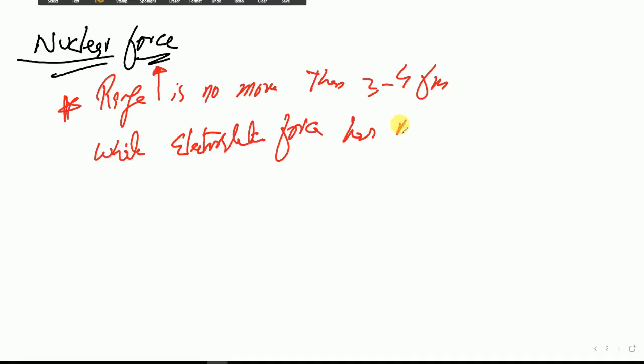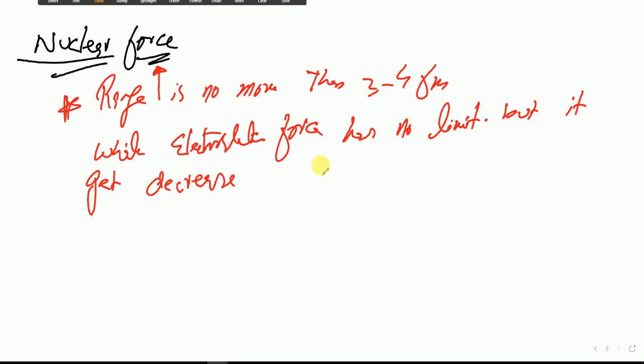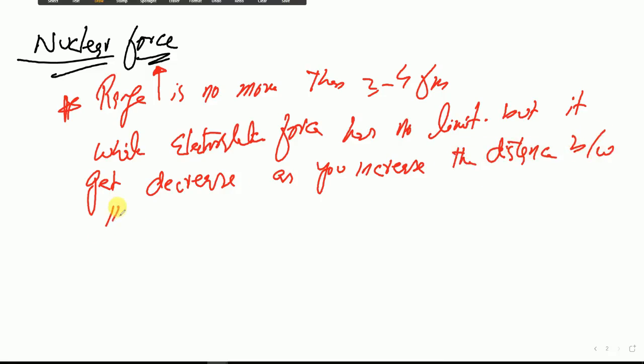It has no limit, but it gets decreased as you increase the distance between them. Got it?